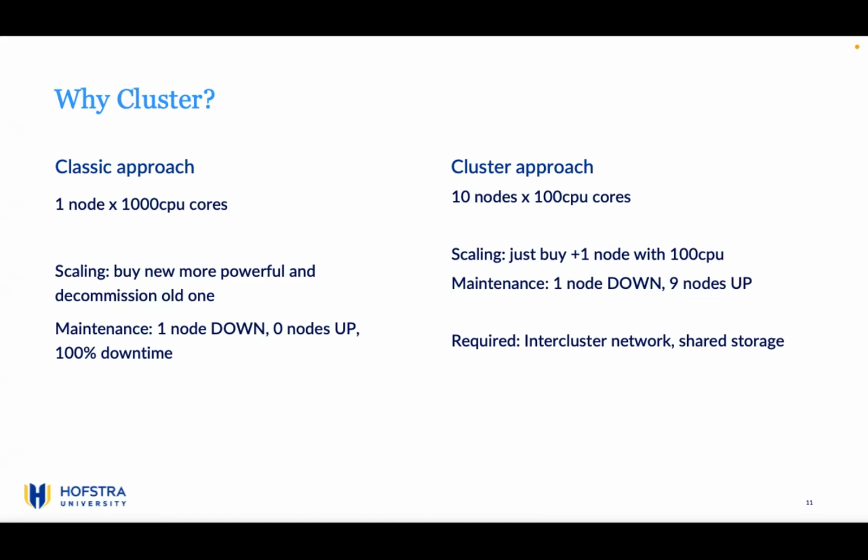What do we need to do? We need to decommission all servers and buy a new one, or we have to upgrade it. It might not be easy. But in the cluster approach, it's pretty easy. We just buy one more node and add it to the cluster, and we can scale it horizontally. So it's not a problem.